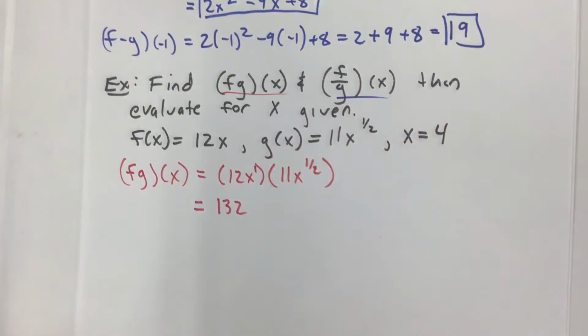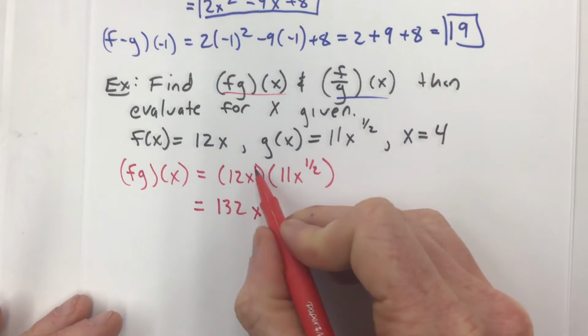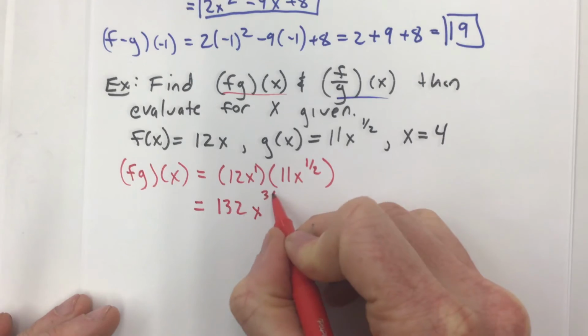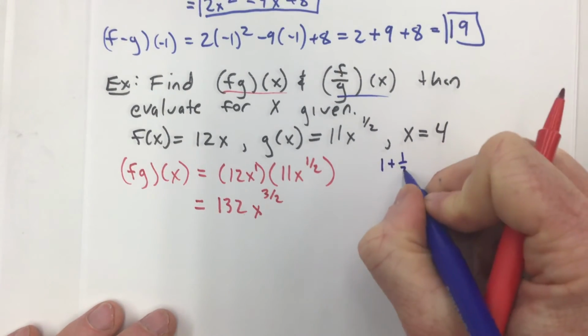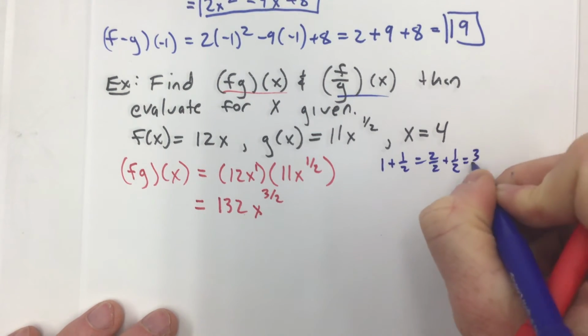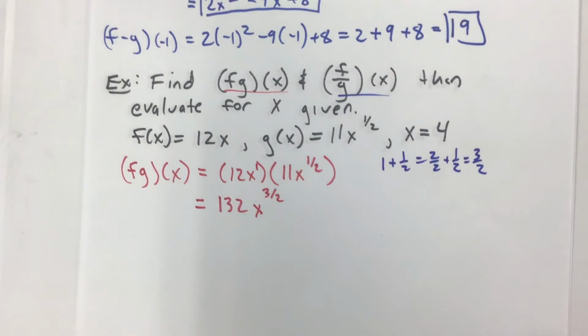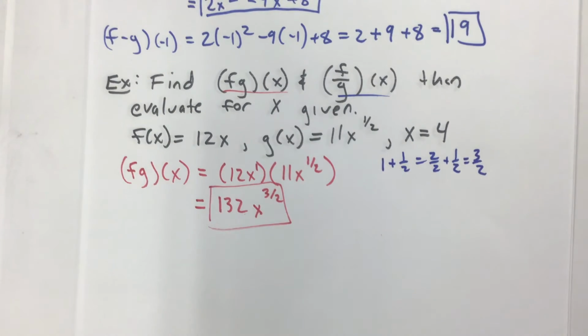I need to add these exponents. So I get 132 times x to the 1 plus 1/2 is 3/2 power. 1 plus 1/2 is 2/2 plus 1/2, which is 3/2. So that's how I got that exponent. So that's my answer for f times g of x.